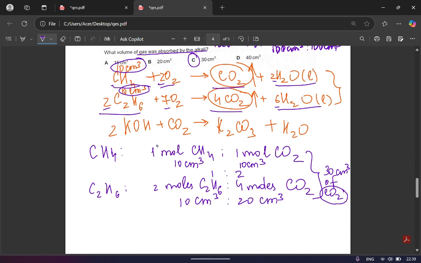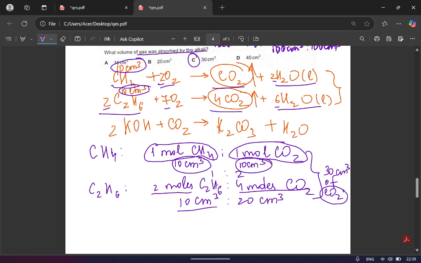We know we have 1 mole of methane producing 1 mole of carbon dioxide. So if we have 10 centimeter cube of methane, we'll have 10 centimeter cube of carbon dioxide. And the same thing for ethane. If we know that 2 moles of ethane produces 4 moles of carbon dioxide, it means that 10 centimeter cube of ethane will produce 20 centimeter cube of carbon dioxide, because the ratio is 2 to 4, or simply 1 to 2.